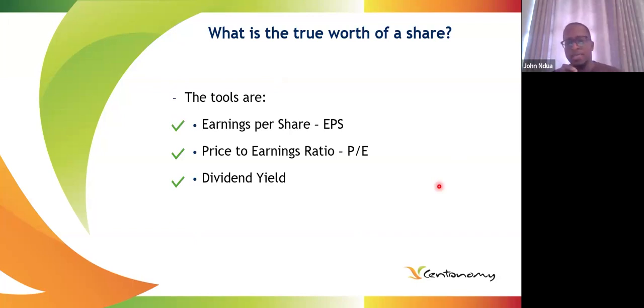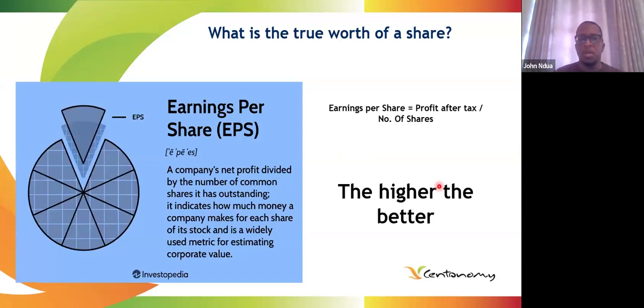We'll go through each and every single one and understand what it is, how you calculate it, where you get the data to calculate it, and what the implications are. So basically, earnings per share is the profitability of a company. First of all, if a company is making a loss, it should not even appear here.